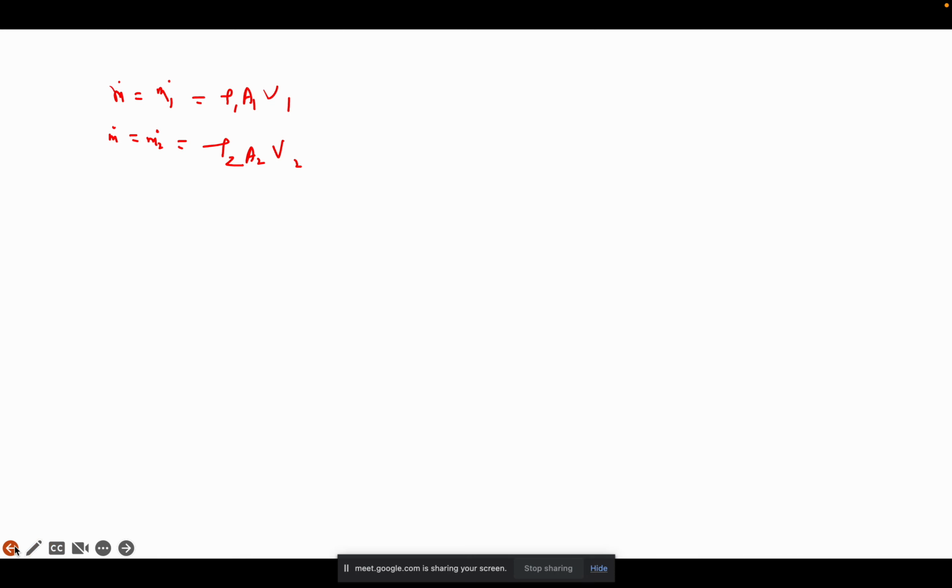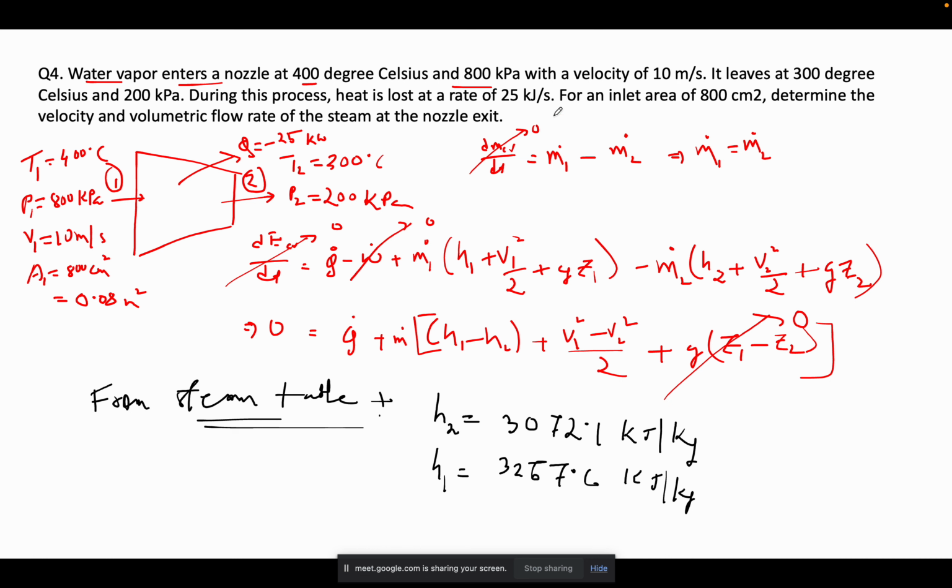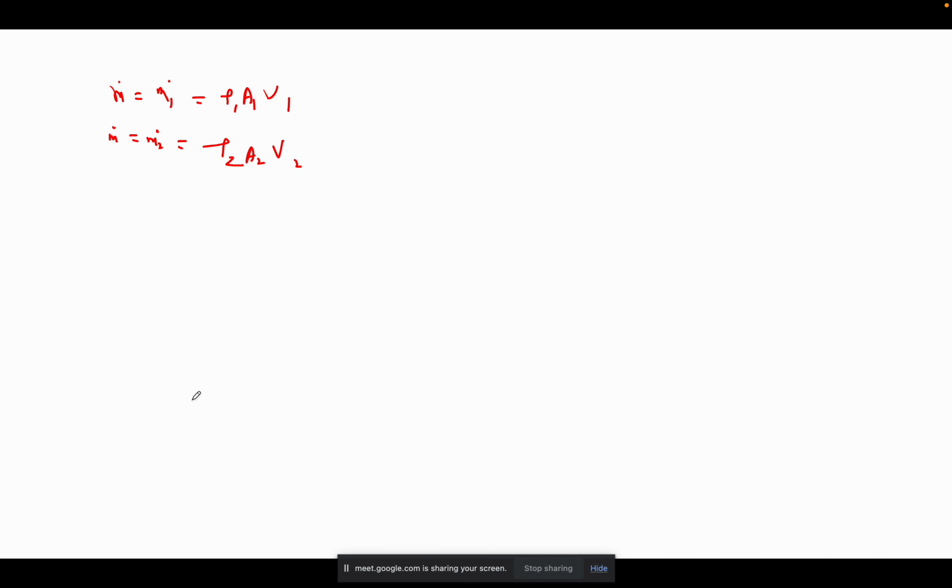But in the question we have to calculate v2, so we cannot go by this process, and a2 is not given to us. Only a1 is given, so we will go by rho 1 a1 v1. Now rho 1 is not given, but from the steam table we can check it as the inverse of the volume 1.